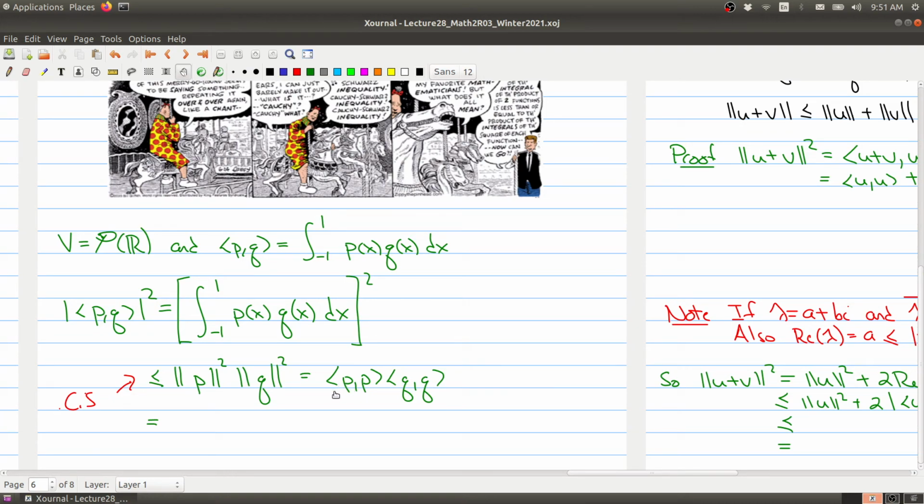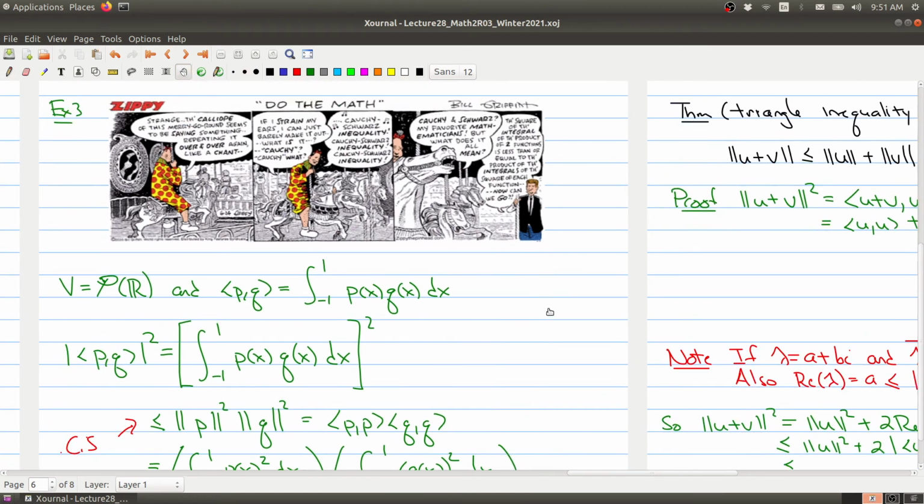The norm squared just means the inner product of P with itself, and the inner product of Q with itself, so that is the integral from -1 to 1 of P(x) squared dx, and the integral from -1 to 1 of Q(x) squared dx.